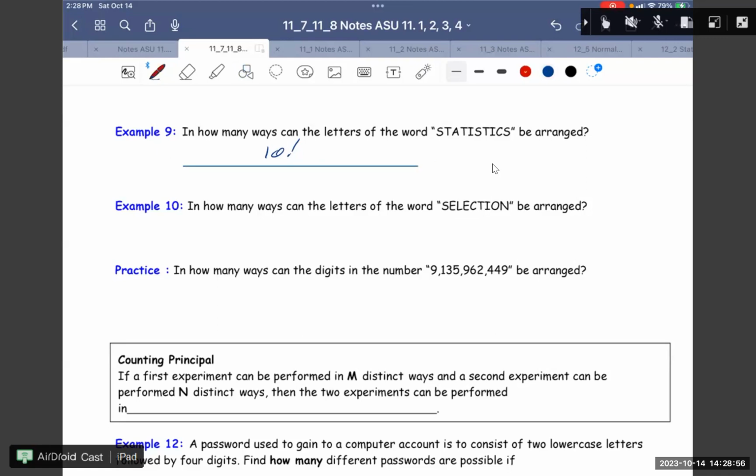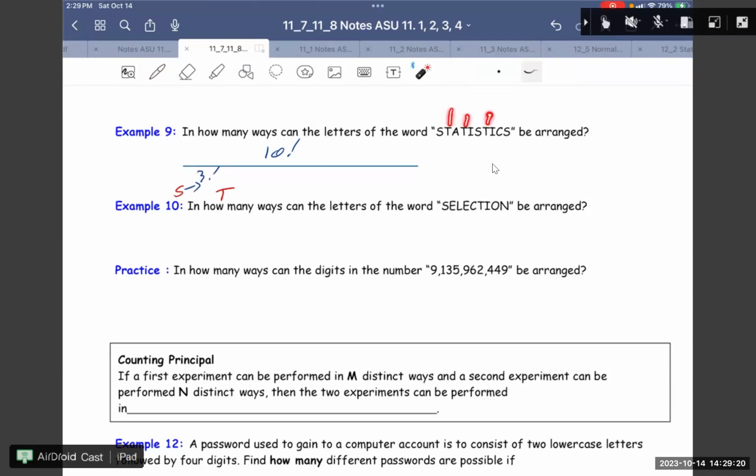So we start with the S. How many S's is that? 1, 2, 3. So S is 3, so 3 factorial for S. And then T. How many T's? 1, 2, 3.